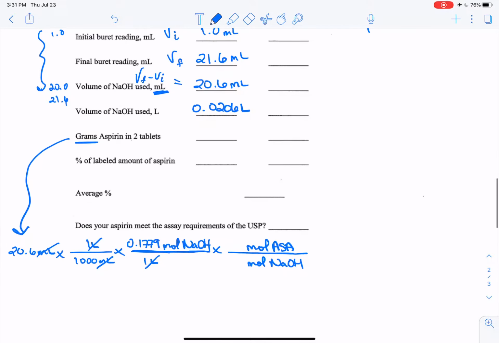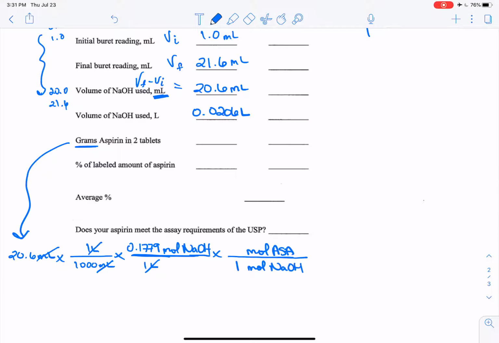For every 1 mole of NaOH that I use, I'm going to react that with 1 mole of acetylsalicylic acid. Or you can say for every 1 NaOH that you use, you reacted it with 1 acetylsalicylic acid if the little mole word bothers you. Okay, so we're canceling out our moles of NaOH and we're in moles of acetylsalicylic acid.